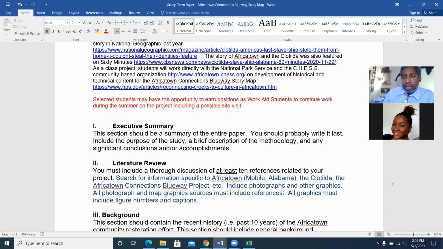You'd have better schools for the kids, safer places, playgrounds, maybe some health clinics. All of that could be made possible with the development of this heritage tourism site.